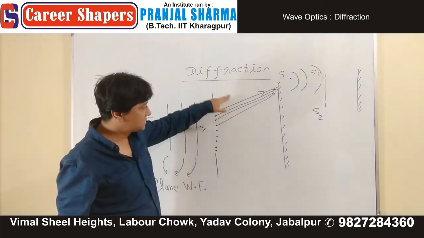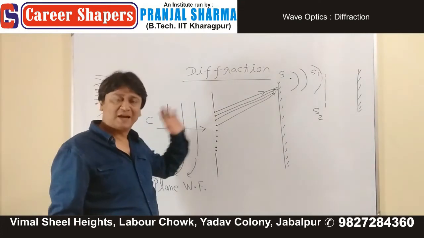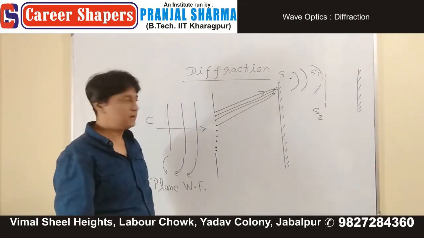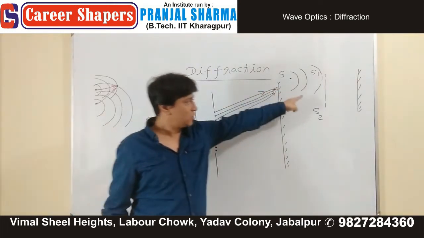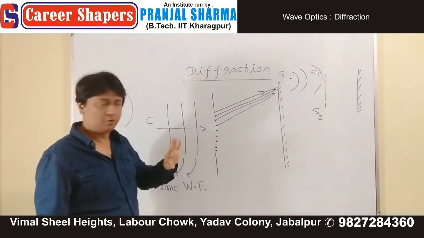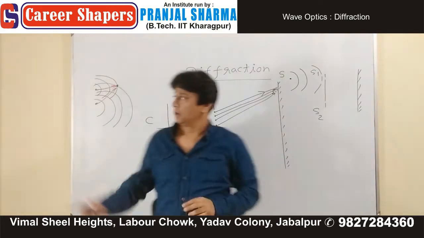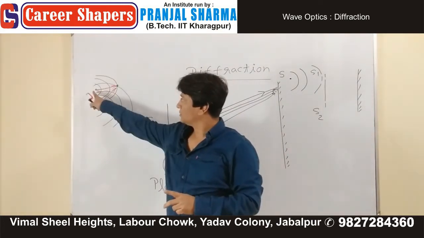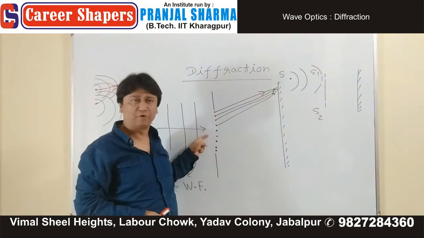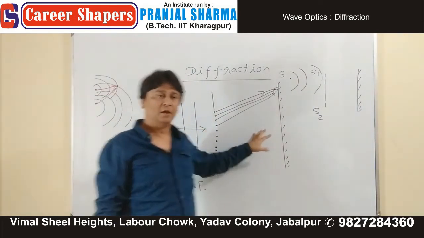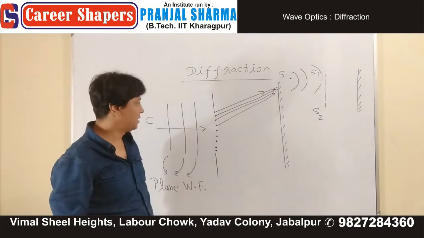How does this mathematically explain? We'll see that. But first draw this much. Draw this figure. It's a rough figure for you. Draw this rough figure. Draw this one also. These are these small secondary sources. And then we'll see the mathematical part.